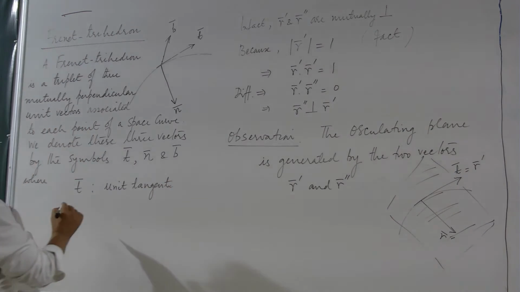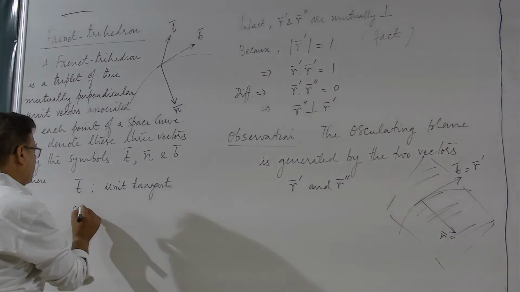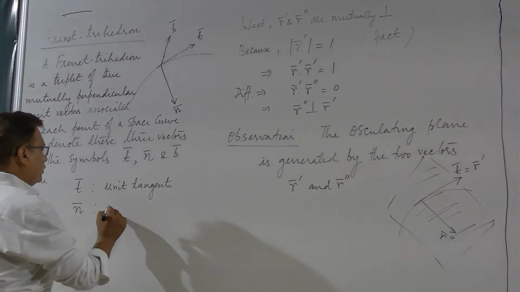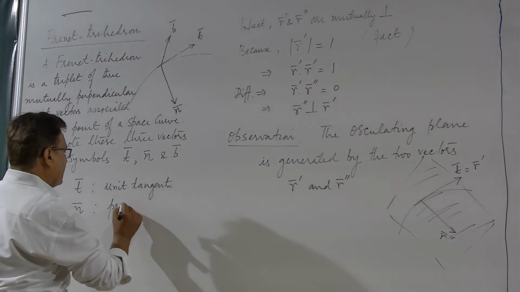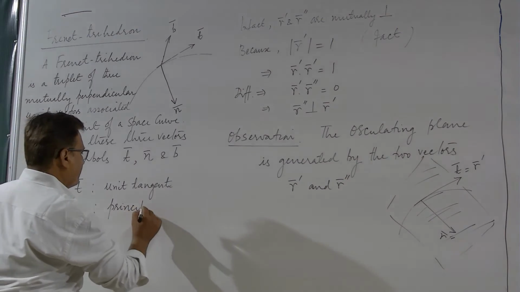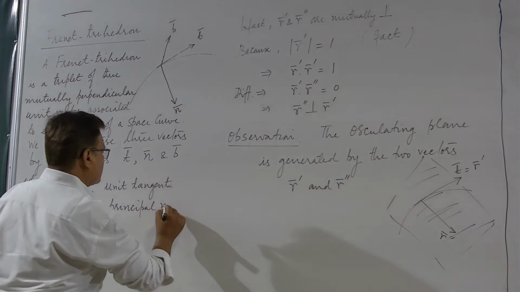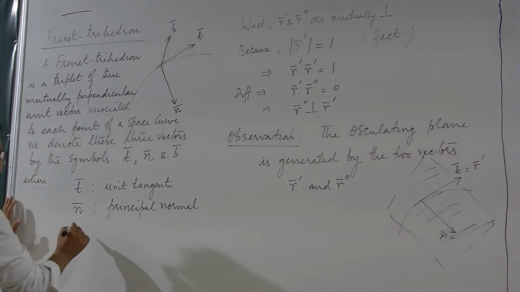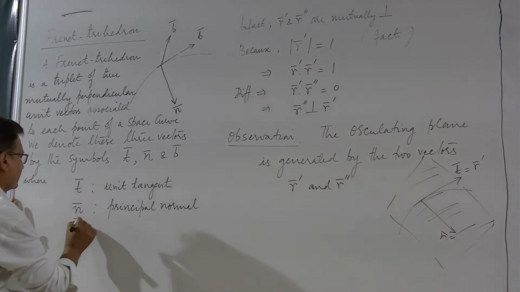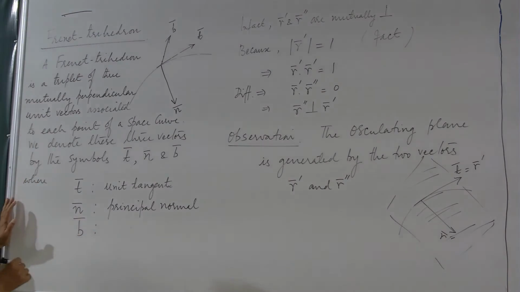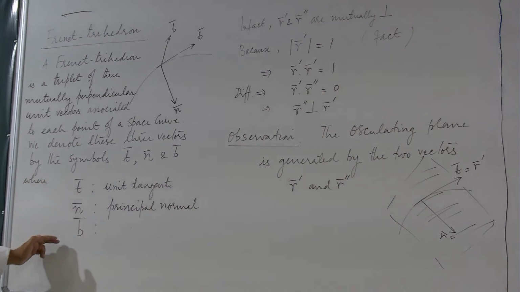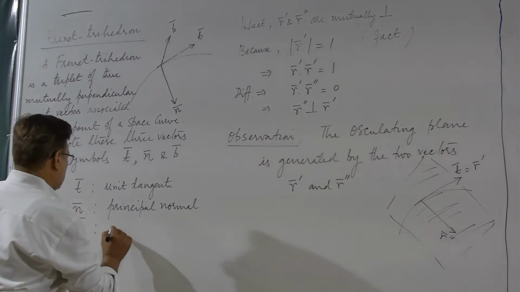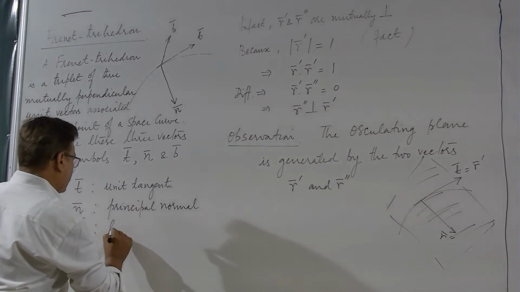The second one, denoted by N, is called the principal normal, and the third is also a unit vector which remains perpendicular to both T and N. So, this is called binormal.